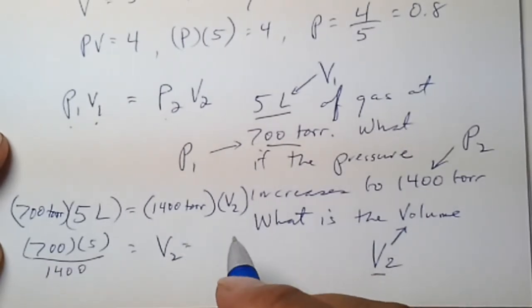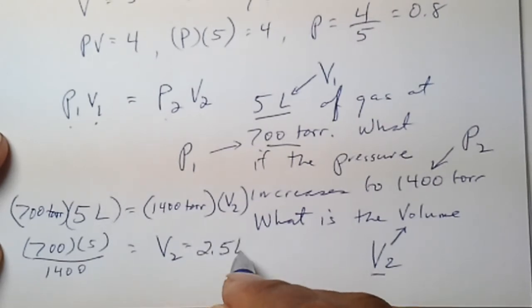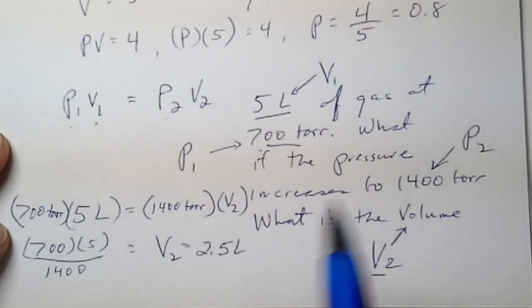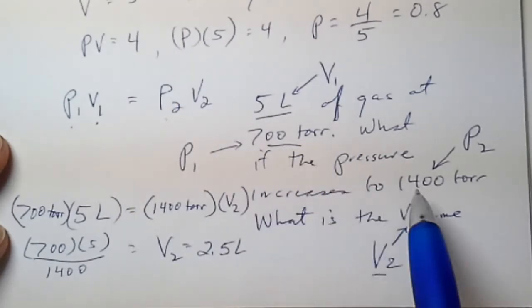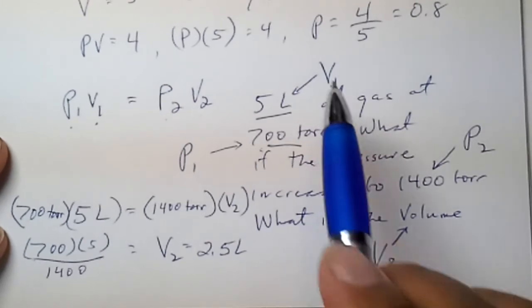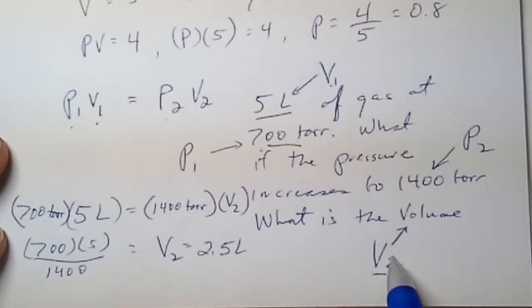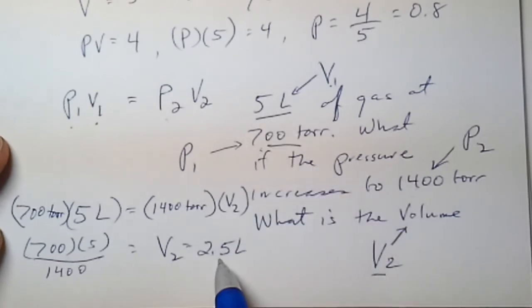V2 should be about 2.5 liters. And that stands to reason, as we indicated before. If our pressure doubles, our volume must go down by half. So it went from 5 to 2.5.